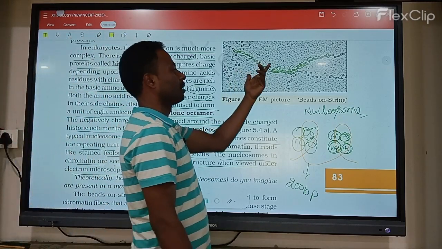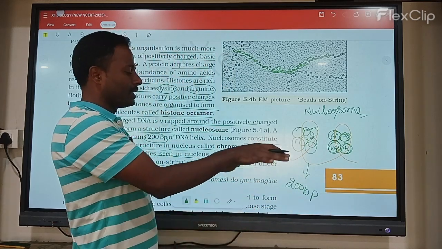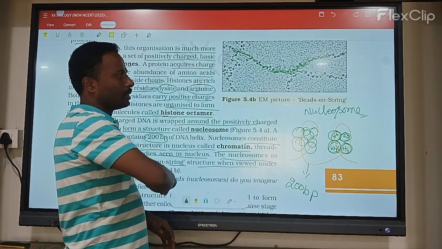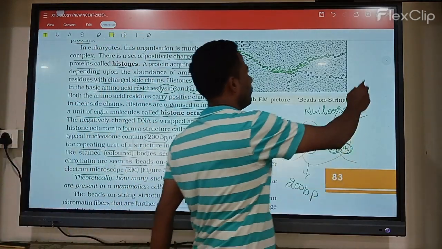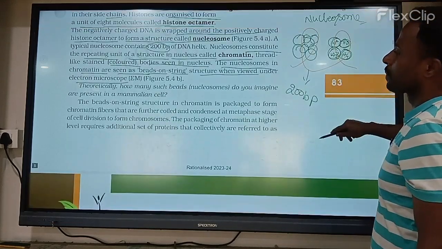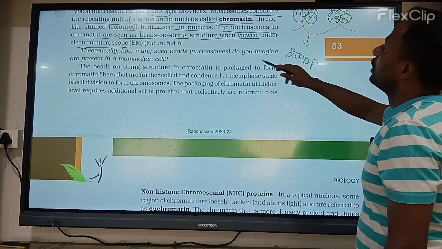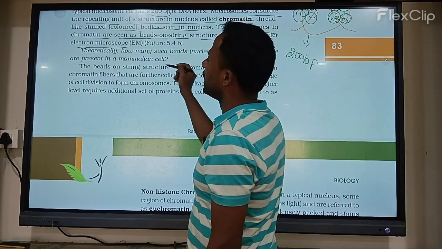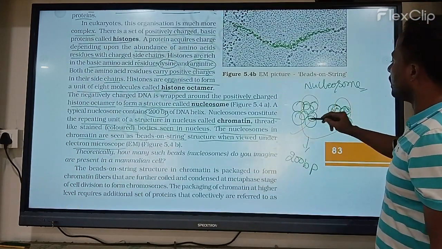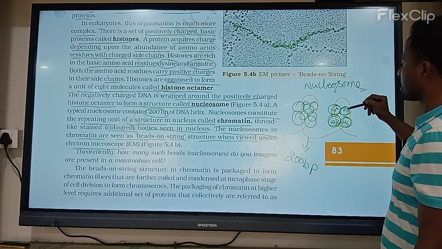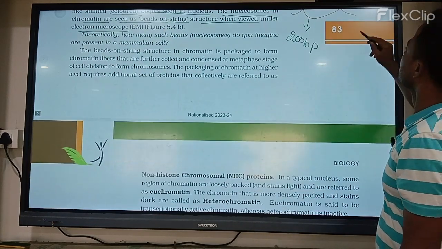So when seen under the electron microscope, it appears as a beads-on-a-string structure. Theoretically, the chain-like structure of beads on a string is formed completely like that in mammalian cells.